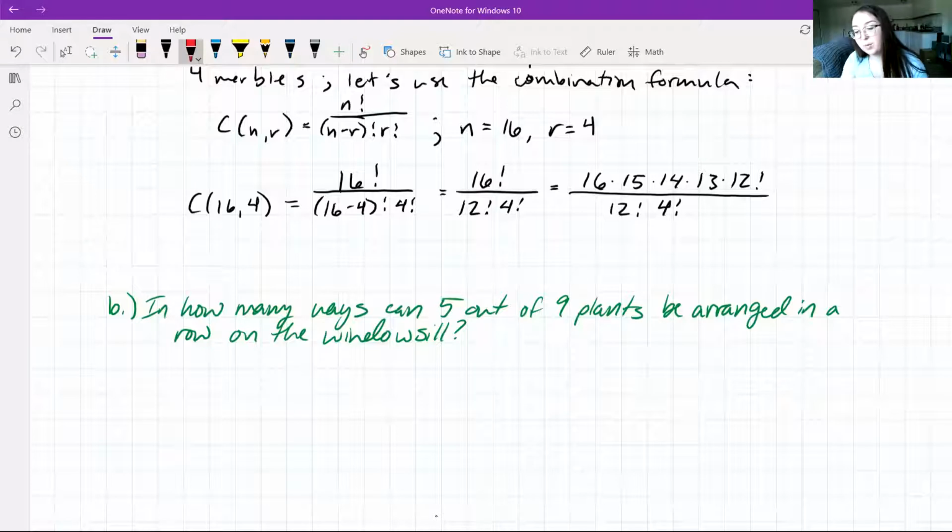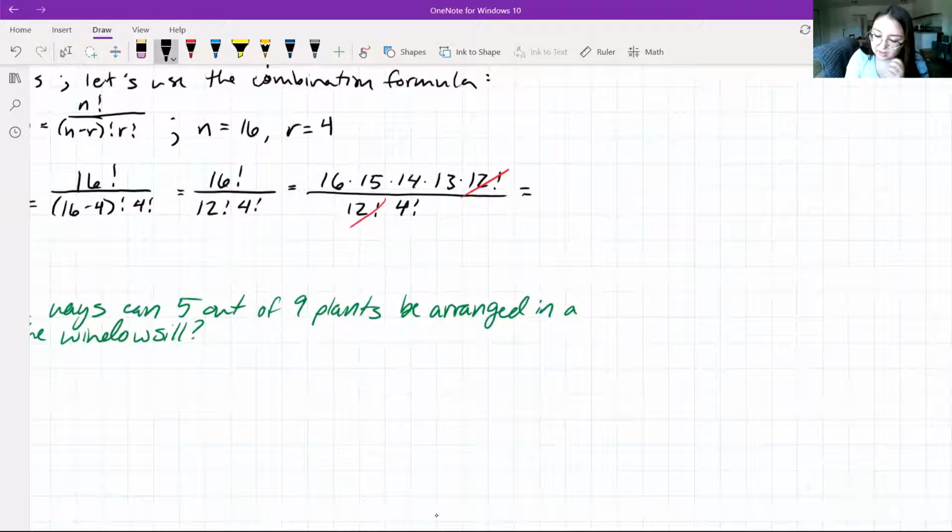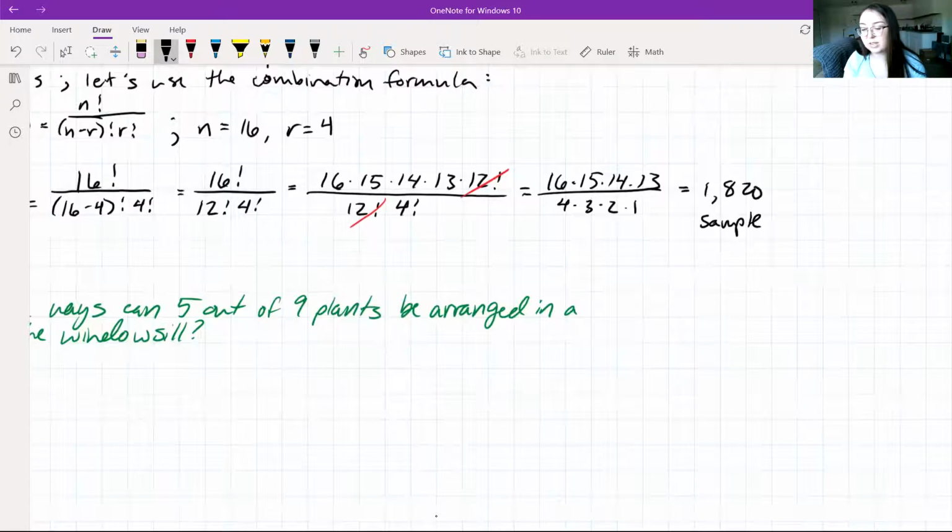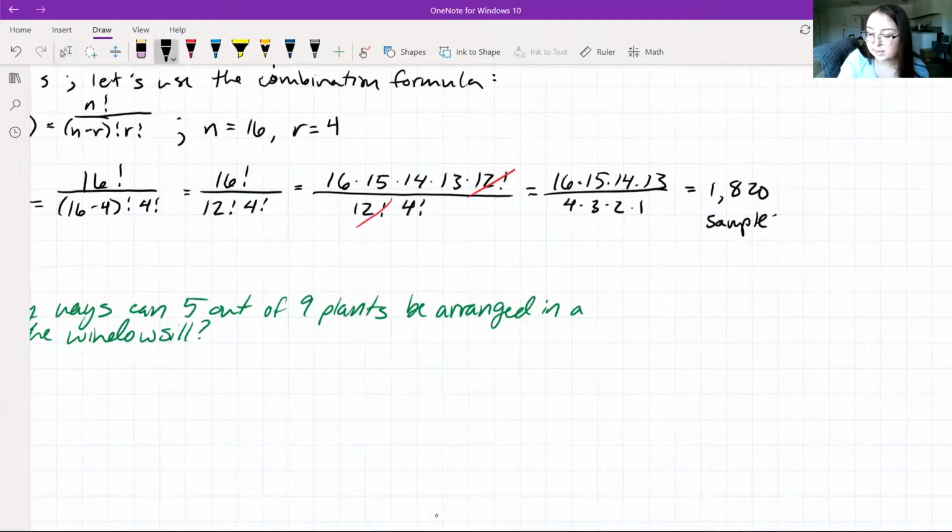We see here that our 12 factorials will cancel. We get 16 times 15 times 14 times 13 divided by 4 factorial, which is 4 times 3 times 2 times 1. And when we simplify this, just like last time, we get 1,820, and in this case, we're thinking samples. So 1,820 samples.